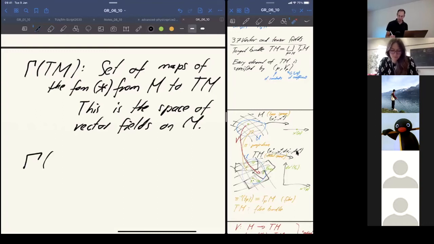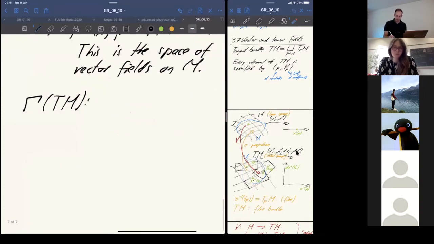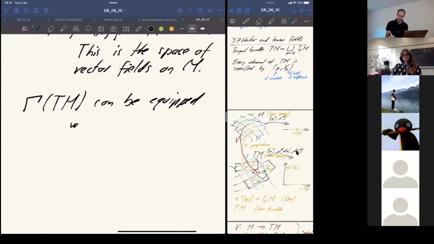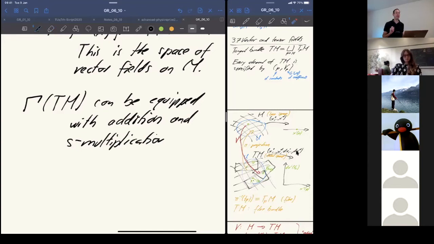And we will, of course, very often talk about vector fields, so we will very often see this symbol. And this space can be equipped with a natural addition and multiplication. I call it S multiplication, for scalar multiplication, because we will distinguish it from multiplication with a function.